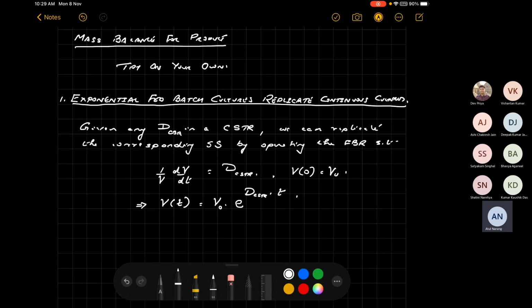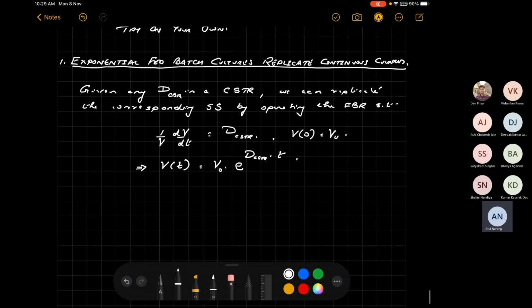But if I know what V is, then I know what the flow rate should be, which means that F at any time must be equal to dV/dt. This is the first thing that we arrive at from the total mass balance. That has to be equal to V0 multiplied by this derivative, which is nothing but D_CSTR multiplied by e to the power D_CSTR times t.